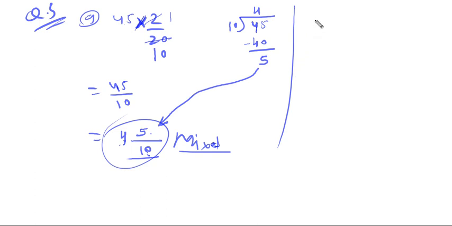Now if you want to see one more, then see it. Now I am taking part D, that is different from it. 7 into 5 by 56, right? 7 into 5 by 56.